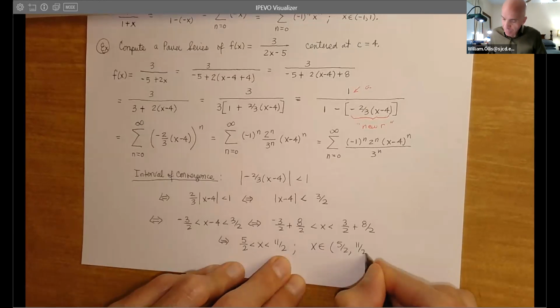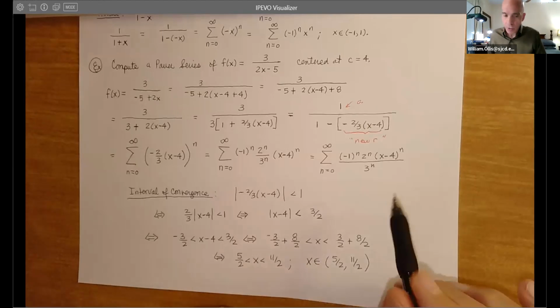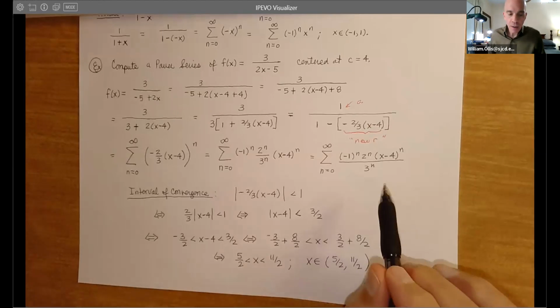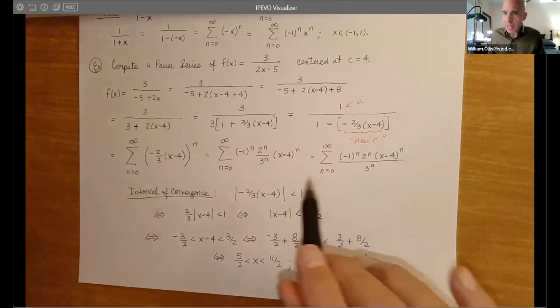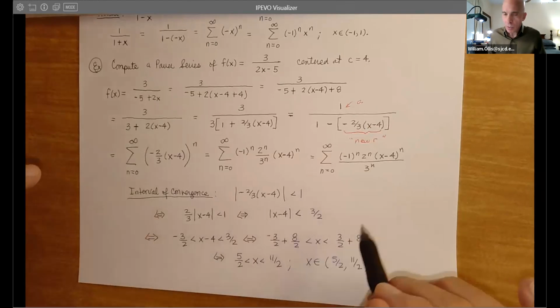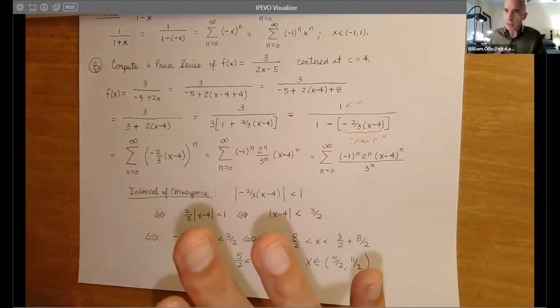Now one thing you can do when you look at this particular series and you think about the endpoints. Lots of times if we do calculus, we can actually introduce cases where we include the endpoints.